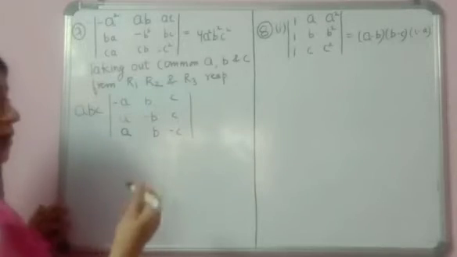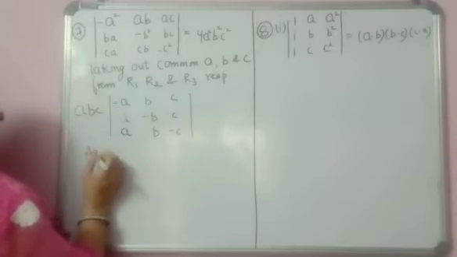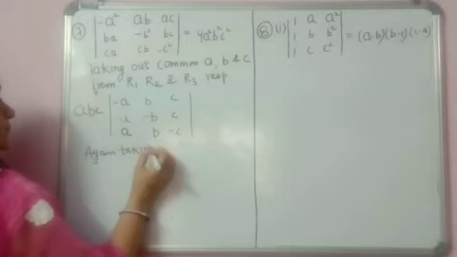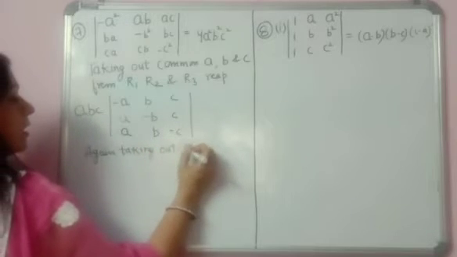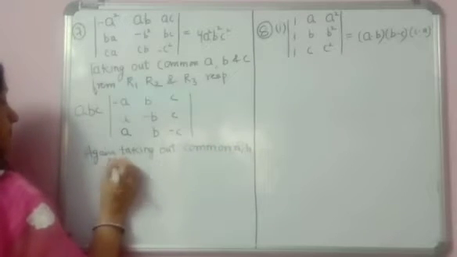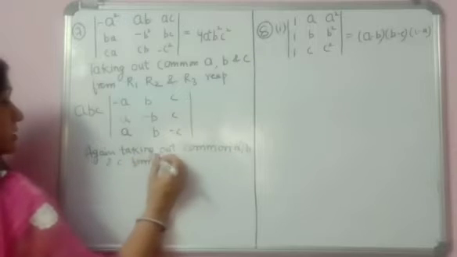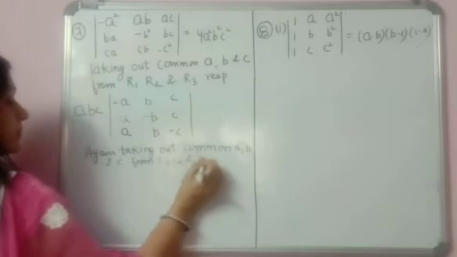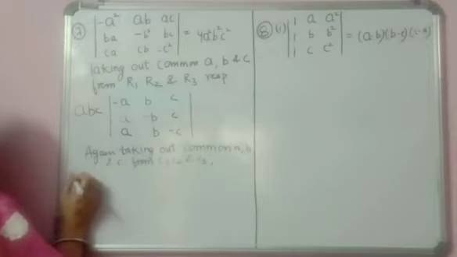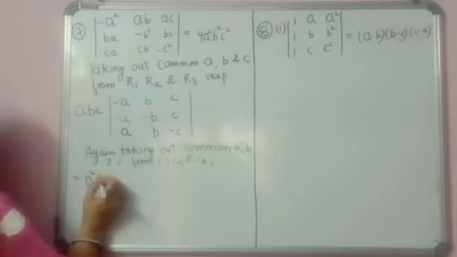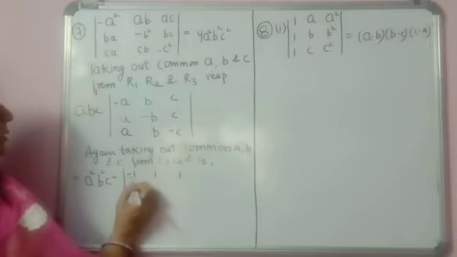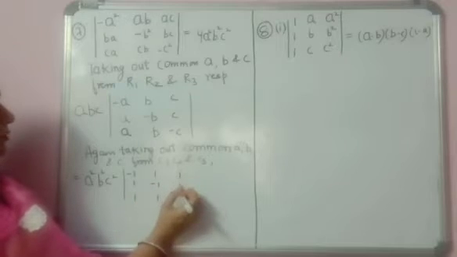So again taking out common a, b, c from C1, C2 and C3, you will get a square b square c square times the determinant minus 1, 1, 1; 1, 1, minus 1; 1, 1, minus 1.